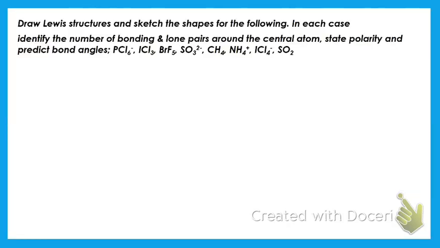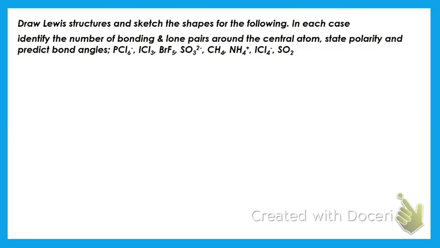Before we actually draw one, we drew PCl6 minus yesterday, if you flip back in your notes. Or we could even do it without looking at it. It's got 6 areas of electron density, no lone pairs, so what shape would that be? Octahedral. So we're not going to do that one because we already drew it yesterday.